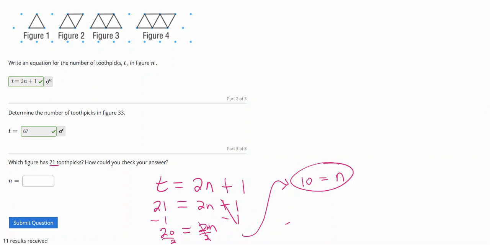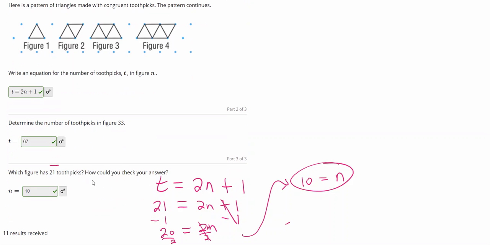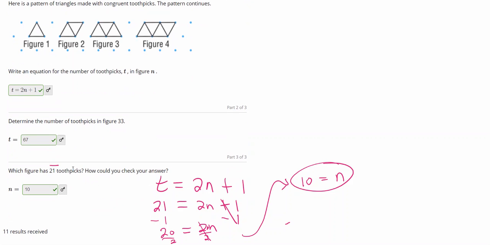So now let's try that. We type in 10 for our answer, and we were correct. Now, the second part said, how could you check your answer? Any ideas how we could check if 10 was actually the right answer for n? It would go 2 times 10 plus 1. Nice.